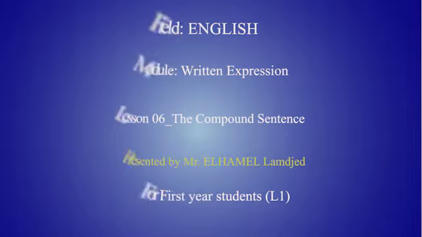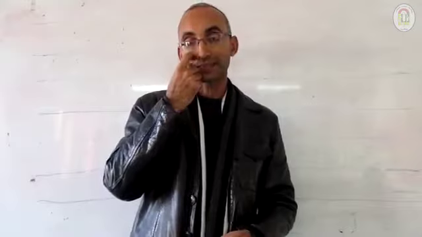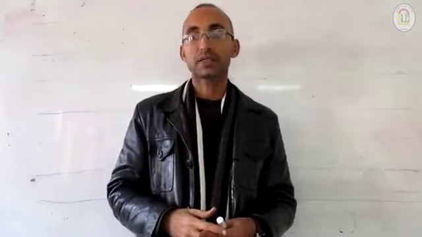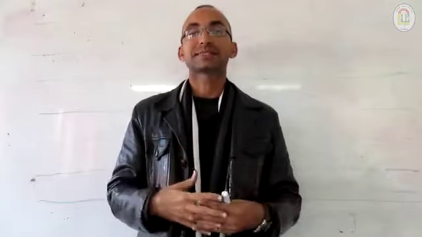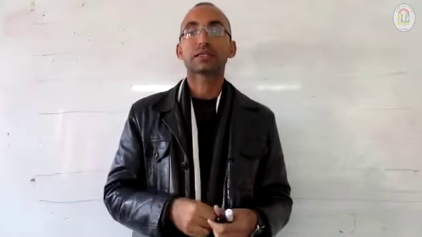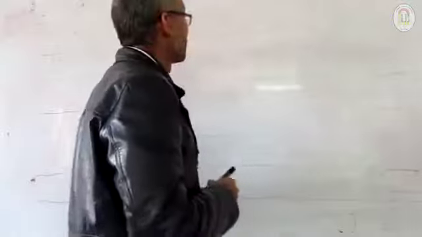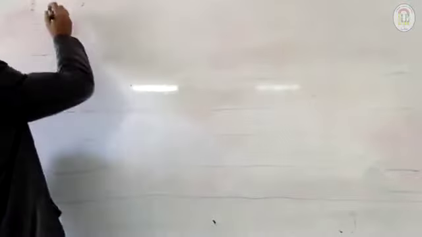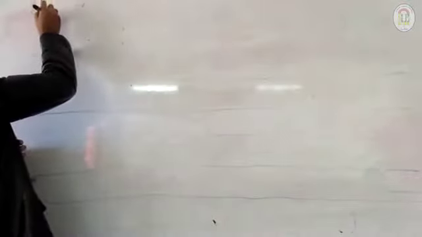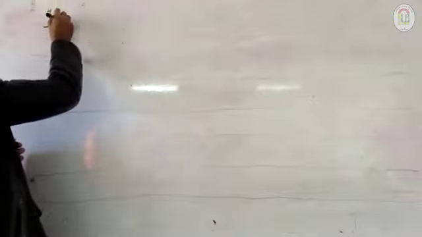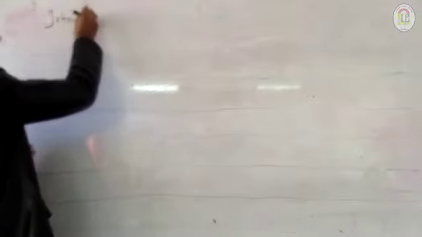Now we move on to our second type of sentences, which is related to the previous type, which is the simple sentence. Let's take an example. For instance, we write: John held a party, full stop.